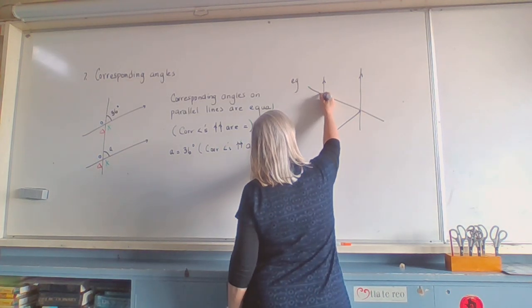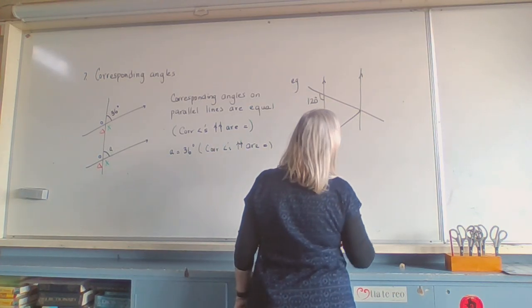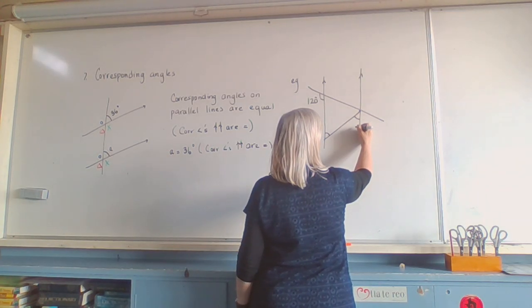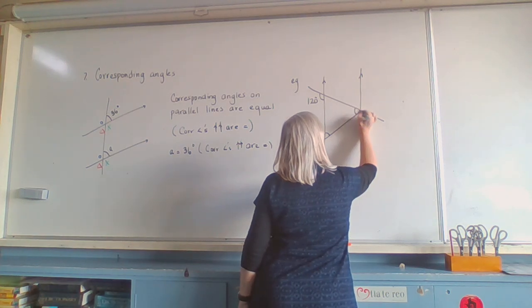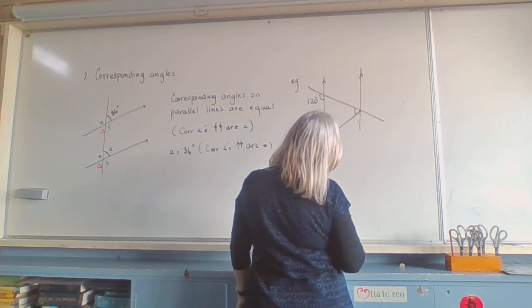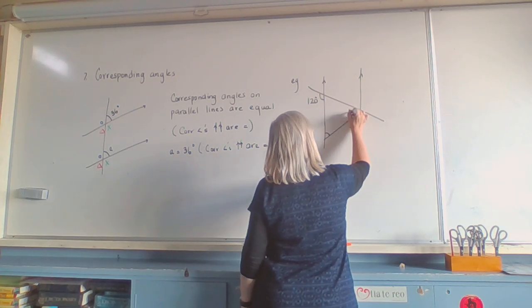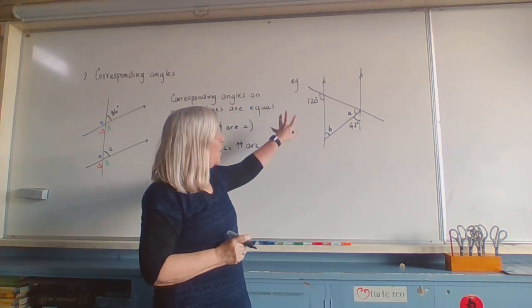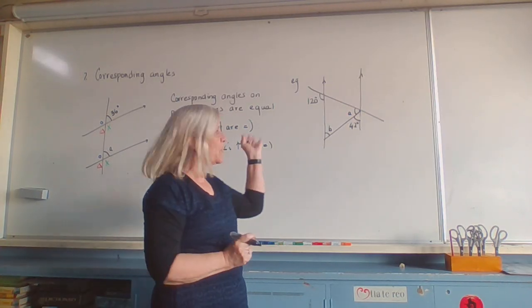Okay, and we know this angle here is 120, and that this angle here, I'm going to go with this one, is 42. And I want to find this one, but I also want to find this one. All right? So if I look at that picture, I can use the angle rules that we've already learnt, or the one we've learnt today.